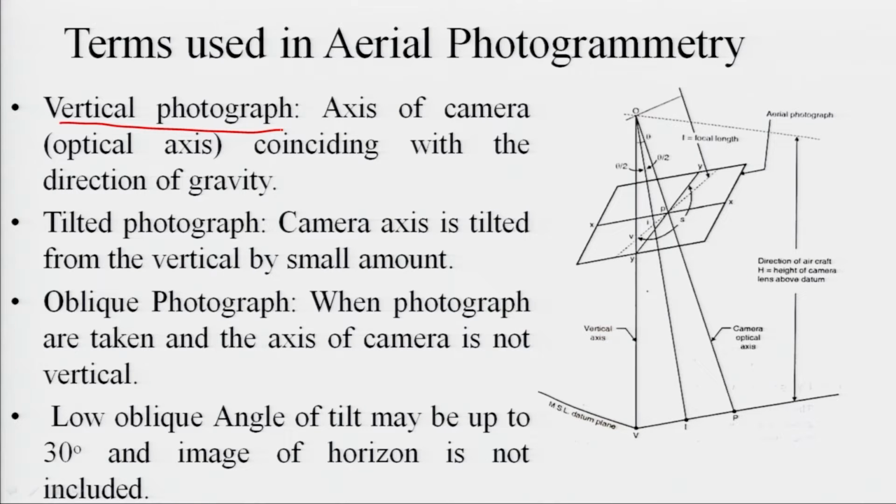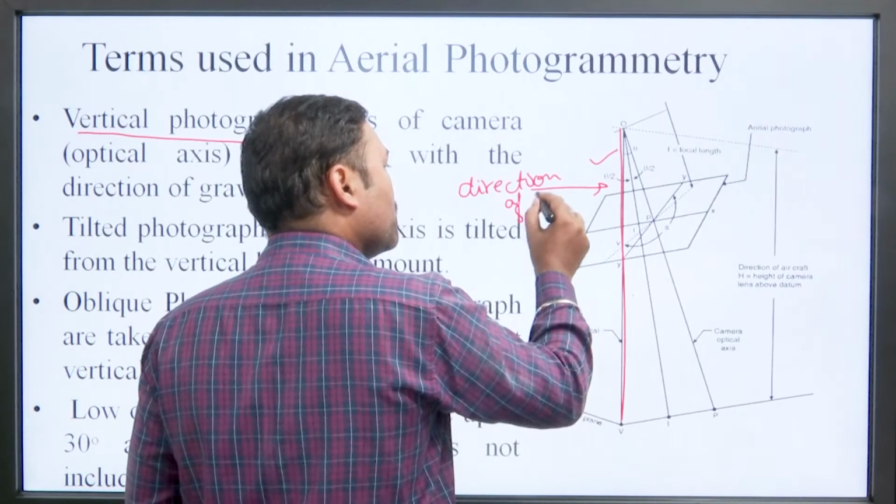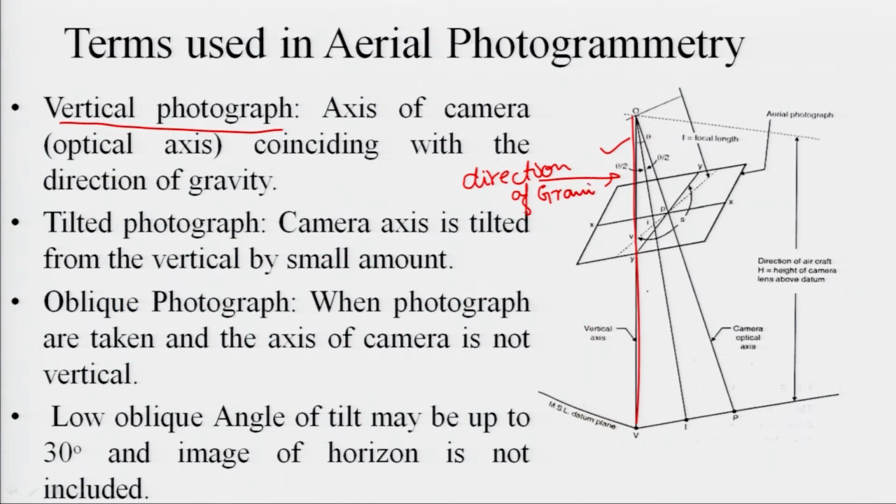We can see in the diagram that this is the camera axis. This coincides with the direction of gravity. If the optical axis coincides with the direction of gravity, we can obtain a vertical photograph.